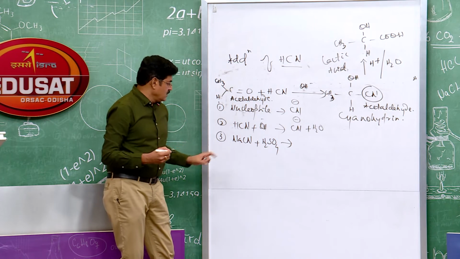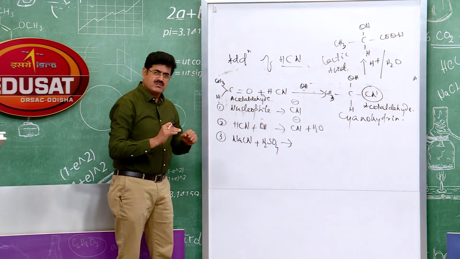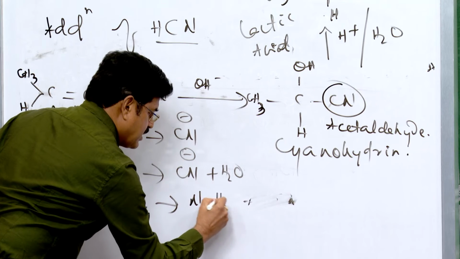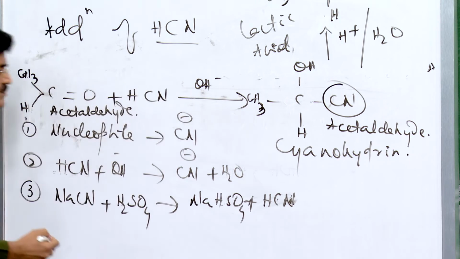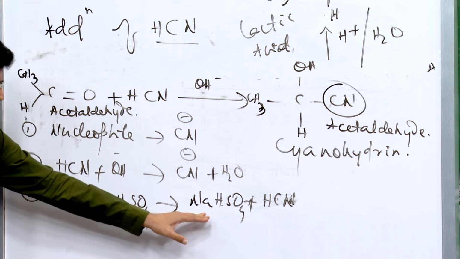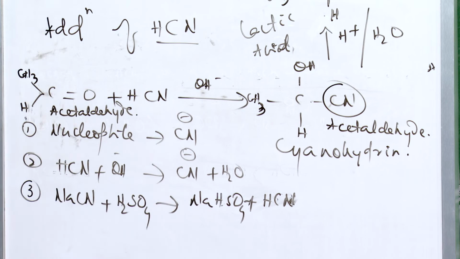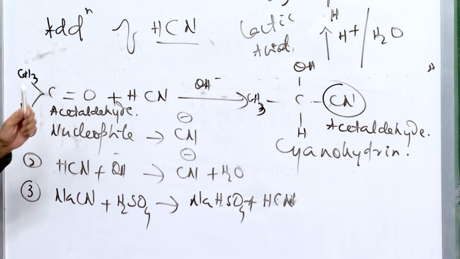In solution, sodium cyanide reacts with H2SO4. This mixture is usually used to give NaHSO4 plus HCN. So that hydrogen cyanide is used for the addition to the carbonyl group.